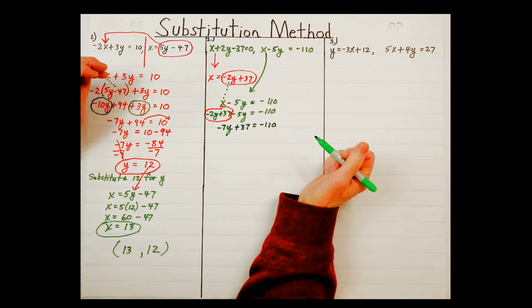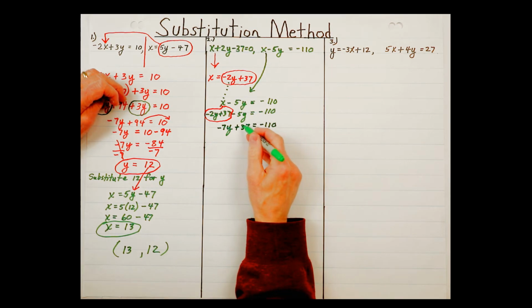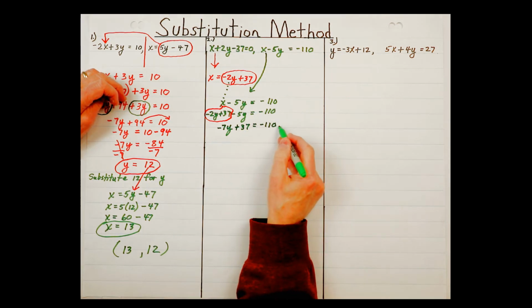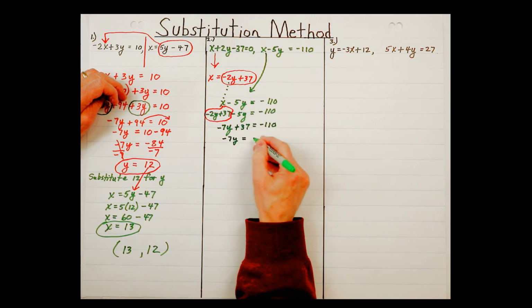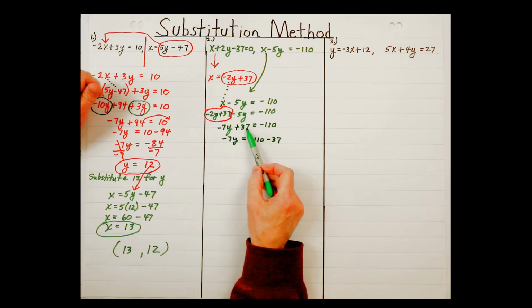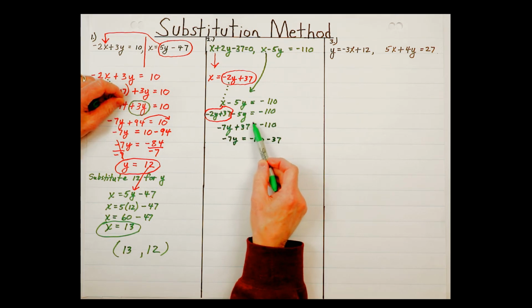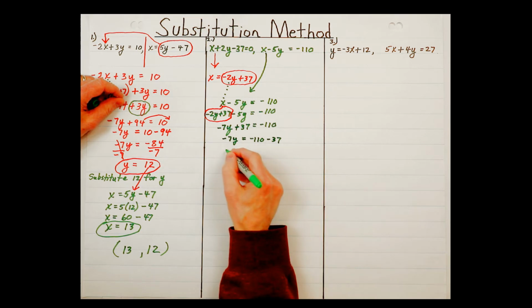All right, as we're doing this, think about what the next step is. We have to take this 37 and move it over here. And when we do that, we get negative 110 minus 37. We do opposite operation with this 37, right? Plus 37 minus 37. Minus 37 over here.